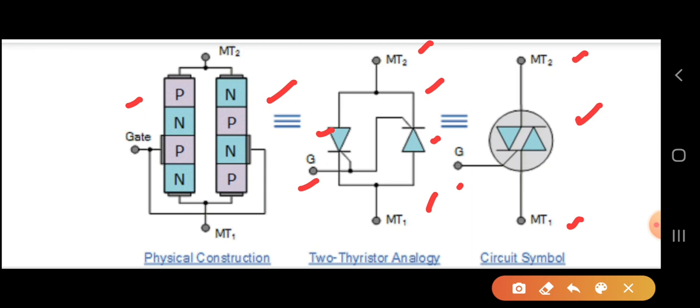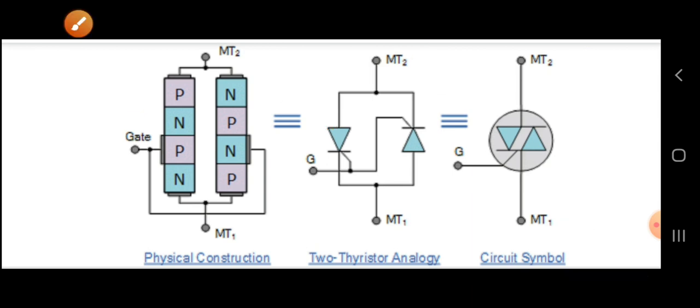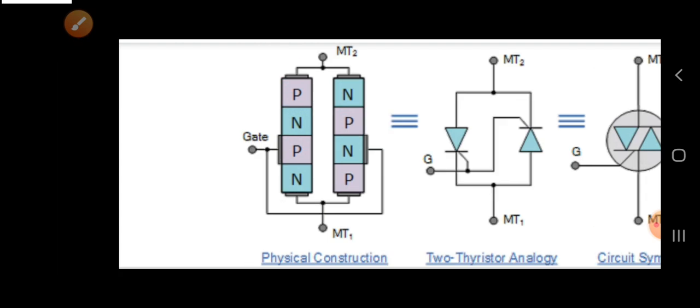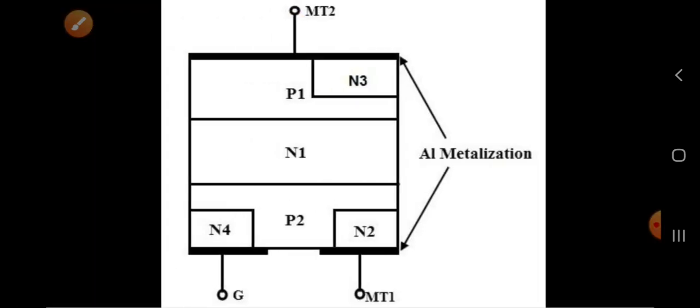Now if you want to see the 2-dimensional diagram of this structure, it will look like this. Here we have the combined structure. If you combine both SCRs, the structure is going to combine; we can also call it a cross-sectional view.